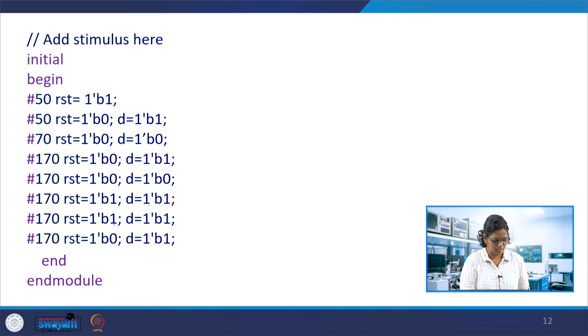So in all these conditions this would be 0 only, and when reset is 0, whatever data is here is passed to Q. So these are the various conditions of the inputs, so that you can have an exhaustive stimulus and the flip-flop can be tested for the different inputs.